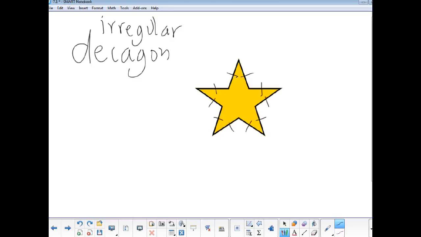But there are two different angles: the angle at each point, which are all the same, and these other reflex angles, which are all greater than 180 degrees, and those are different. Once you have one angle different, or one side different, it is automatically irregular.